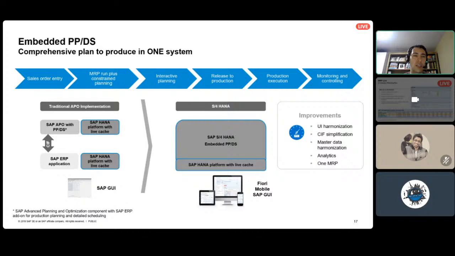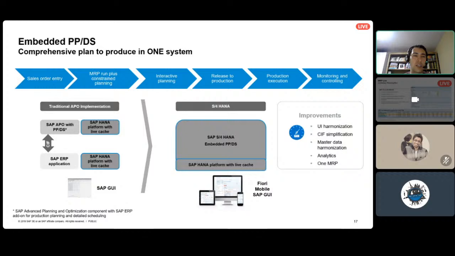With S/4HANA, Live Cache was pushed down into the HANA database, and SAP could embed PPDS into the S/4HANA layer. So now we have everything in the same system. Instead of implementing APO, you implement S/4HANA and you have access to PPDS.